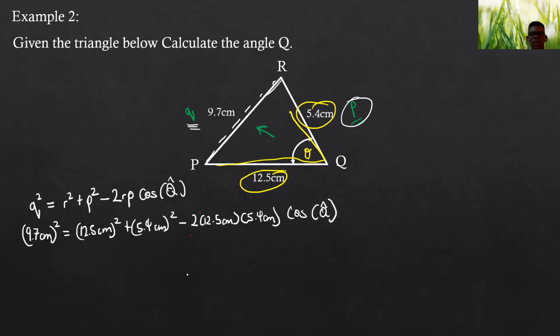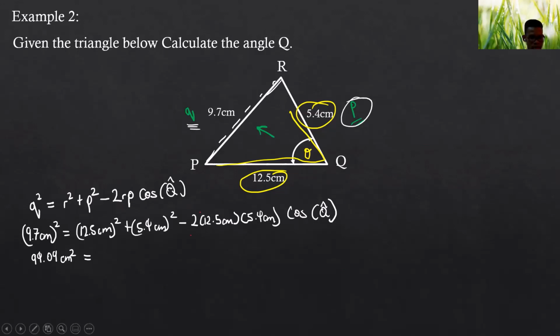So we can do some multiplication and solve, and then transpose to get Q. Let's square all that we need to square and do all the multiplications. 9.7 squared will give us 94.09, and this will be centimeters squared because we're also squaring the unit.